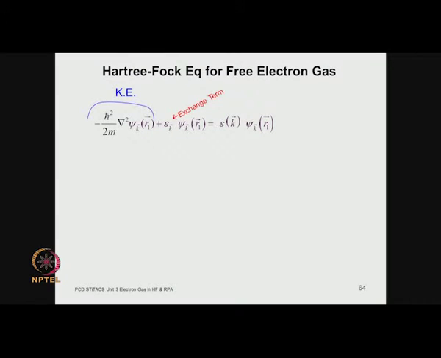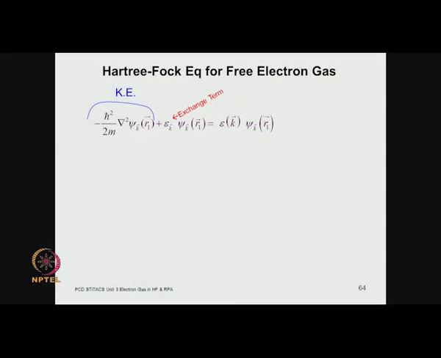So, we wrote the Hartree-Fock self-consistent field equation, which is a condition which must be satisfied so that you get a self-consistent field according to the variation principle, and this relationship we arrived at in our previous class. So, this would be an appropriate point to begin discussion for today. So, you have got the kinetic energy term and then the exchange term.